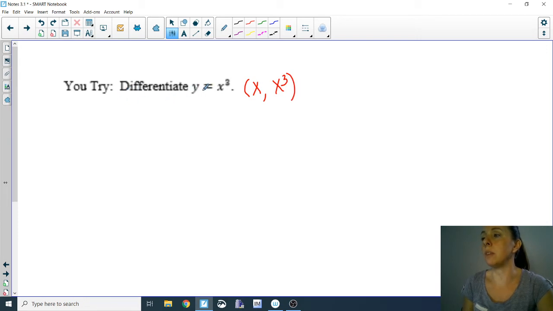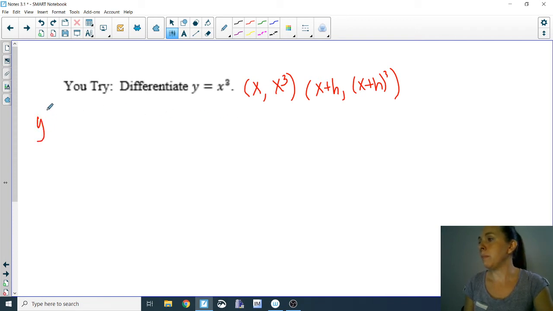Oh, by the way, differentiate, that's a verb we use in calculus that means take the derivative. Differentiate y equals x cubed with no given ordered pair to start, no given x coordinate to start. Let's just identify our first ordered pair as x comma x cubed. Second ordered pair, because we're using the original definition, is x plus h comma quantity x plus h cubed. x1, y1, x2, y2.